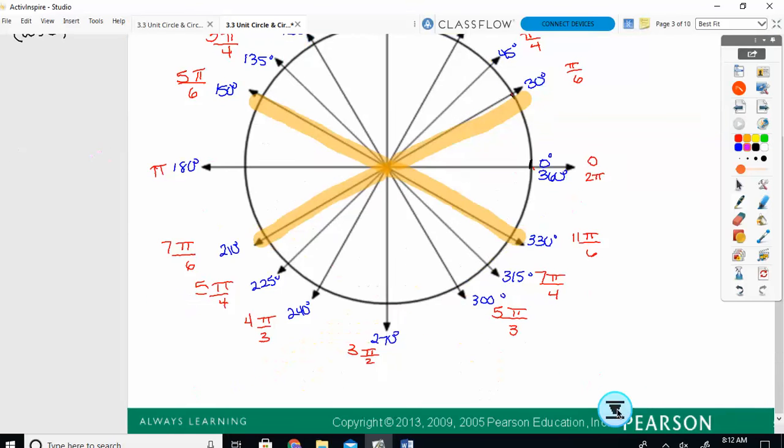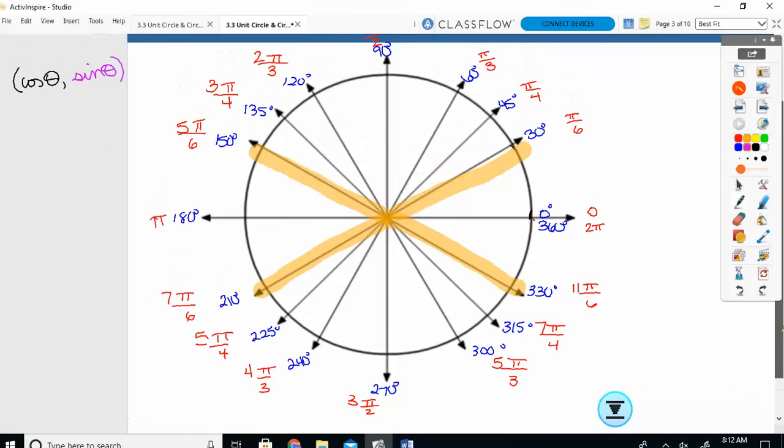So, for instance, some of these ordered pairs we can do pretty easily. If this is 0, 0, what would this point be? The radius of the circle is 1, so the x would be 1, and what would be the y? 0.